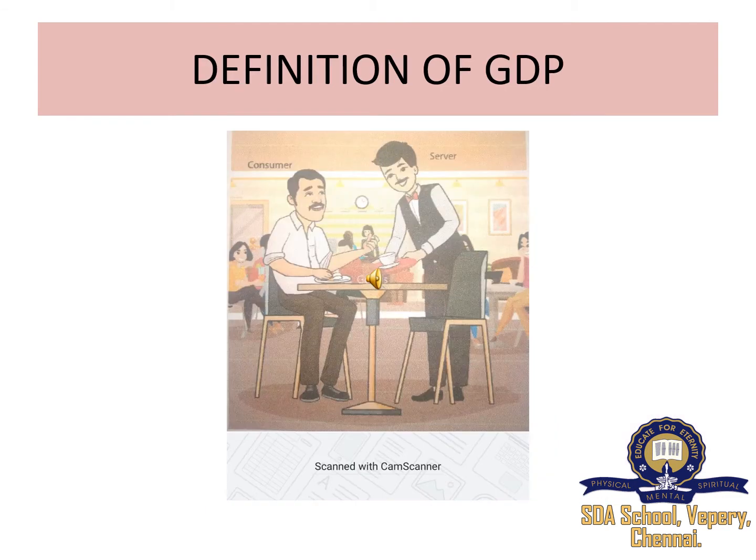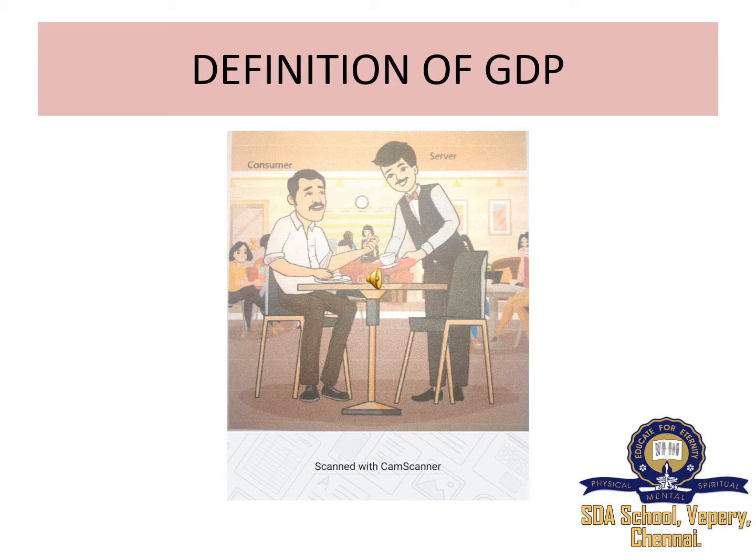Let's see the definition of GDP. To understand how GDP tells how India is doing, you should understand what GDP is. First you have to know the meaning of GDP. What is GDP? Imagine what happens in a hotel. You place an order for 2 idlis and a cup of tea. Someone makes the idlis and tea.